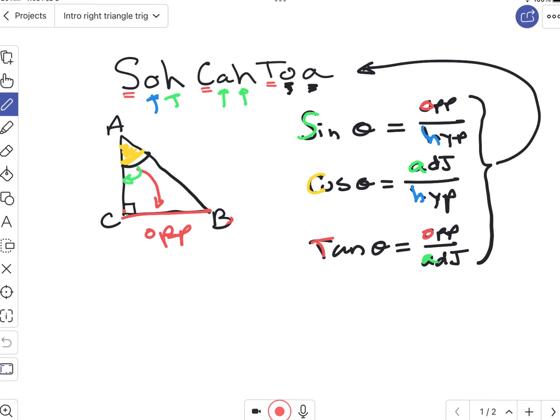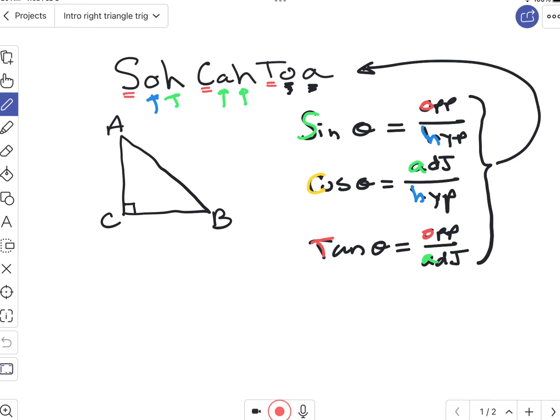And next to angle A would be AC, which is considered the adjacent side. And AB is still the hypotenuse, because the hypotenuse is always on the other side of the 90 degrees. It's always the longest side, too. Hypotenuse is always the longest side.